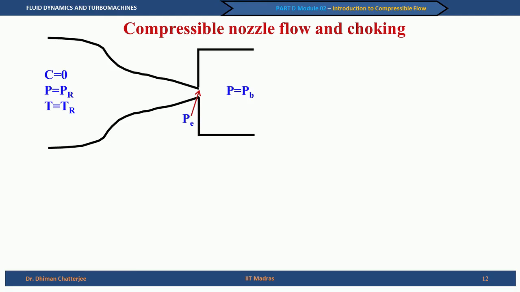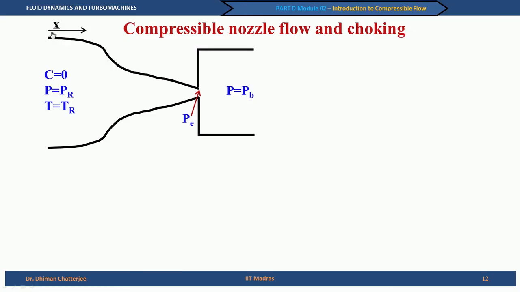Reservoir pressure does not change in this entire thought experiment that we are going to do. So, we keep reservoir pressure as Pr and we will gradually reduce Pb. So, when we have Pr equal to Pb, there will be no flow, and flow, by the way, will take place in the direction x shown here.